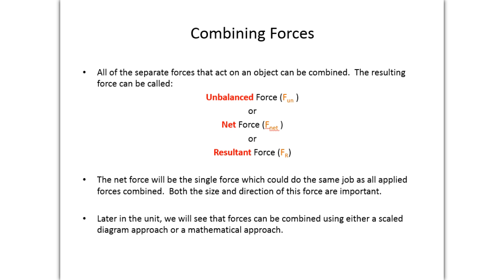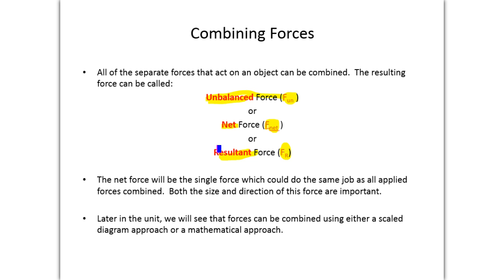Okay, now combining forces. All the separate forces that act on an object can be combined. You can have an unbalanced force, and there's a symbol for that, force unbalanced. Your net force is your overall force, or you have the resultant force. So it's three ways of saying the same thing. What's the net force?